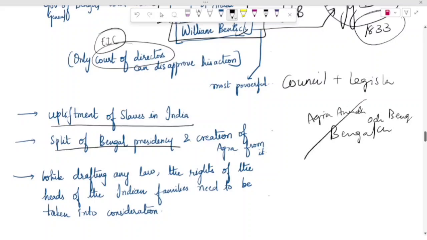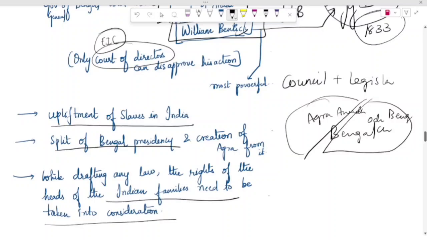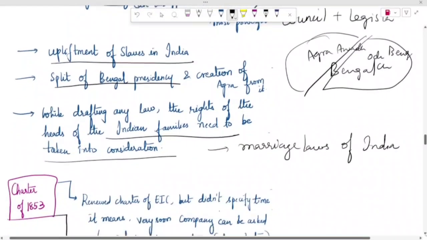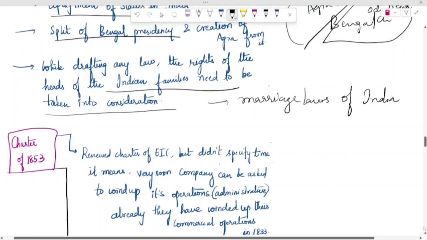So this Bengal was split into two: an Agra Presidency and a Bengal Presidency. And while drafting any law, the rights of the heads of Indian families needed to be taken into consideration, and the marriage laws of India needed to be respected. This was given by the Act of 1833.